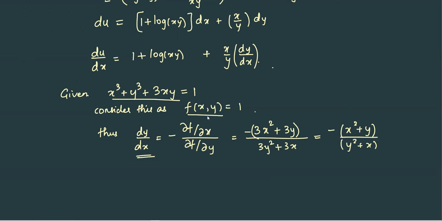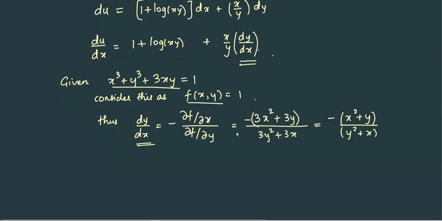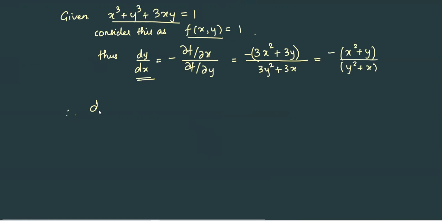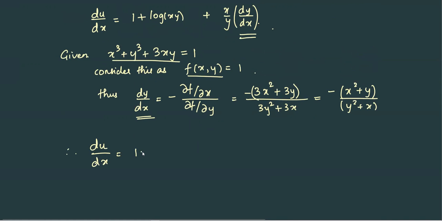So this we have to substitute here. Therefore, du by dx is, substituting here, 1 plus log of xy minus x upon y times (x square plus y) by (y square plus x).